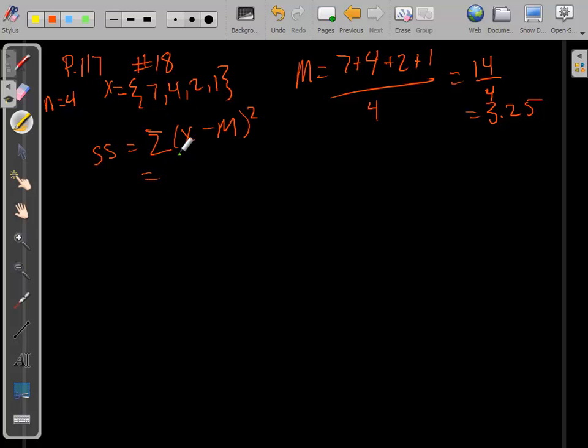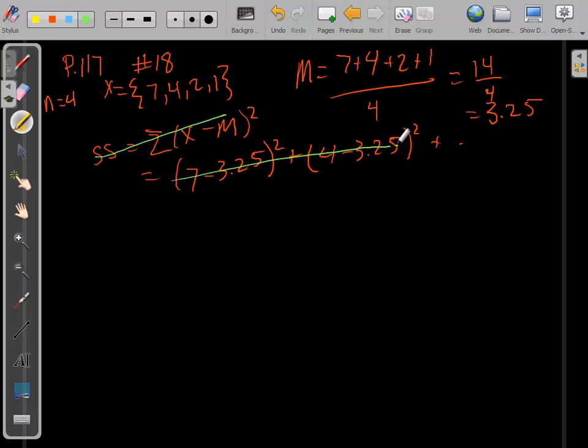So that's going to be 7 minus 3.25 squared plus 4 minus 3.25, and so forth. What sucks about this is that we have to now have 0.75 squared, and we're carrying decimals squared, and it just compounds the issue. So the definitional formula is just not fun.